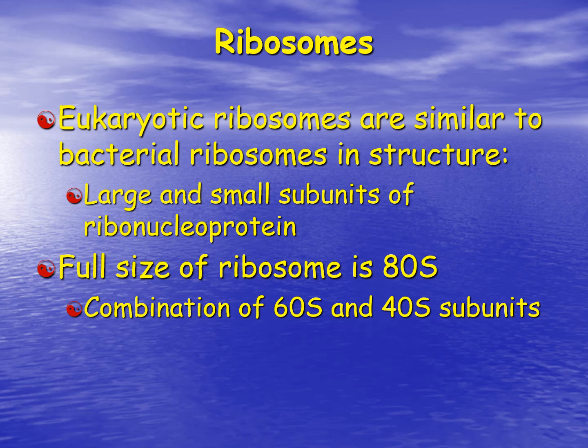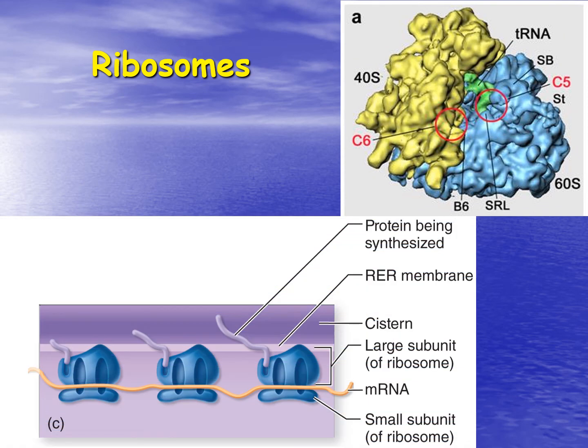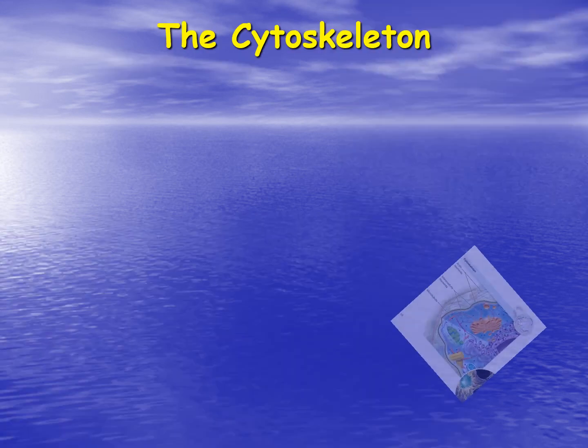So in this case, when the two subunits get together, they actually lose 20 pounds instead of the 10. And this just shows a conceptual drawing of the large subunit, which is the 60S, and the small subunit, the 40S, coming together to form that ribosome. And we'll talk again about how ribosomes actually function a little bit later on to produce the proteins.